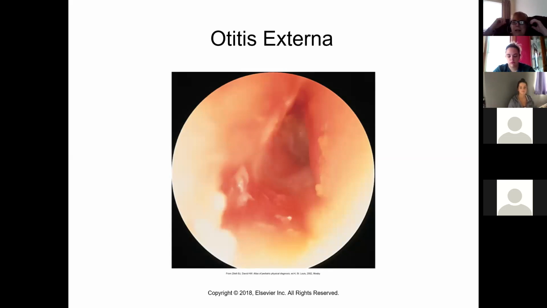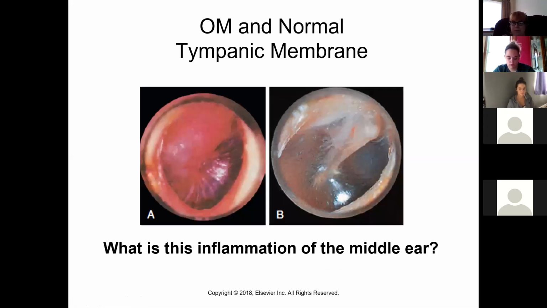But you can see the pink and the peach is what it looks like normally, and where we get into the red, there might even be some infection there, some pus. And if you look all the way down in the middle, you can see the tympanic membrane is cloudy, and that is an indicator that there's an infection of some sort.